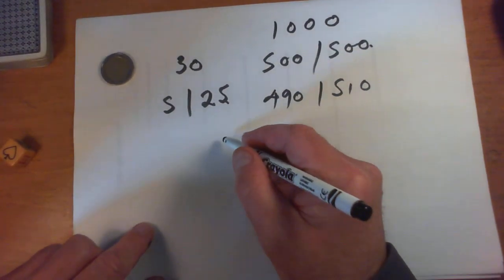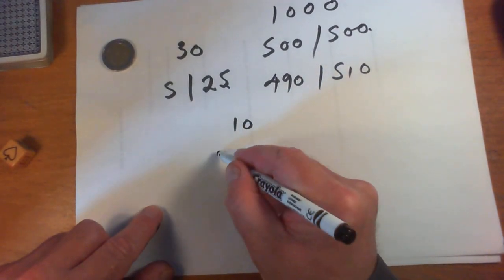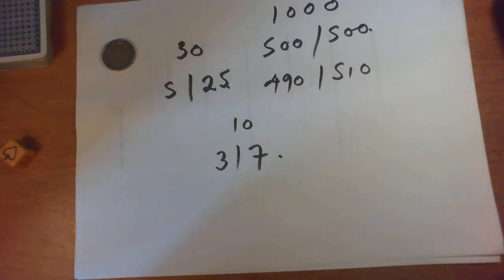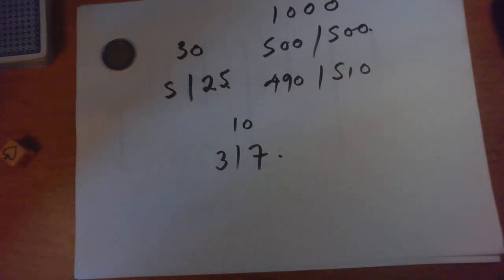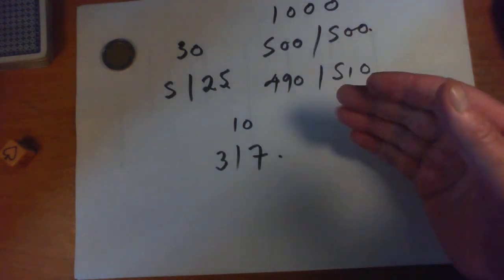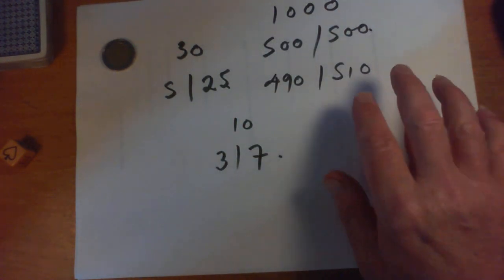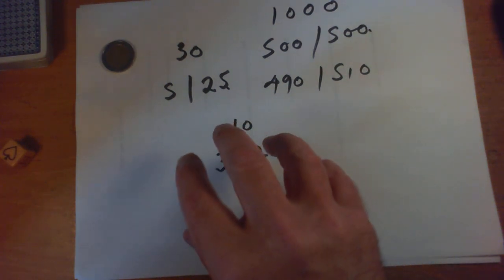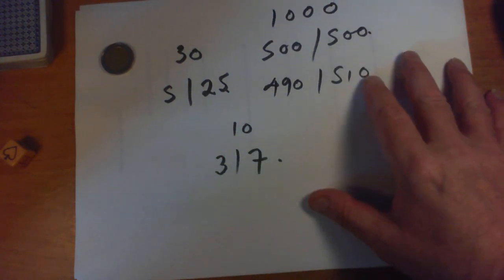But if it was, say, 10, say you got 3 and 7, say you tossed it 10 times and got 3 heads and 7 tails, you wouldn't be particularly suspicious there, because you might be aware that if you were to increase the number of tosses, it would even itself out a bit more, become a bit more 50-50. So with small samples you've got to be very suspicious.